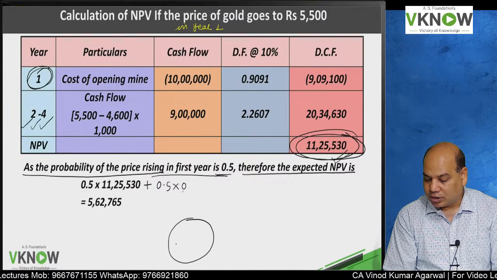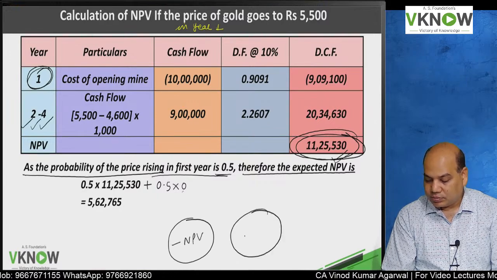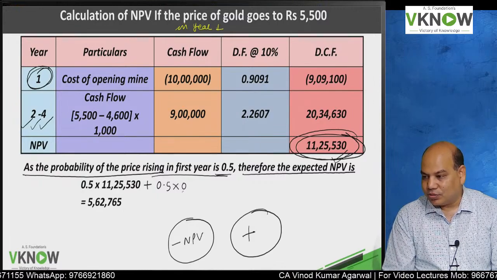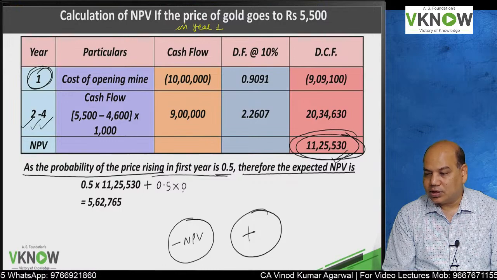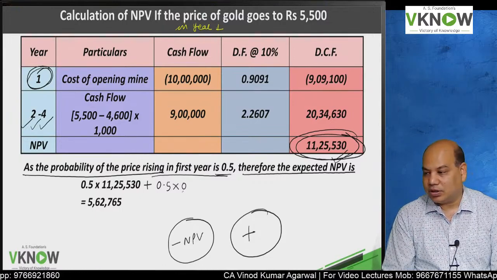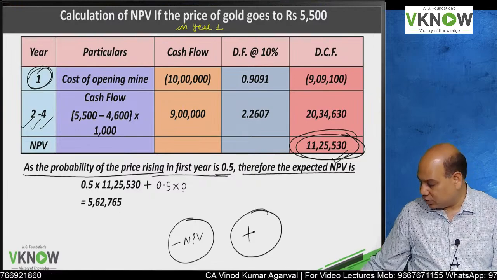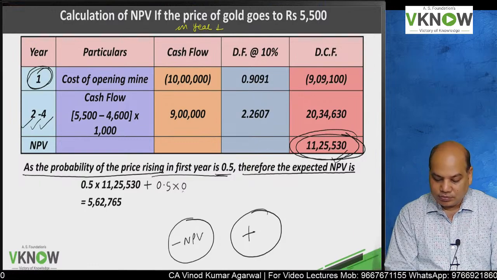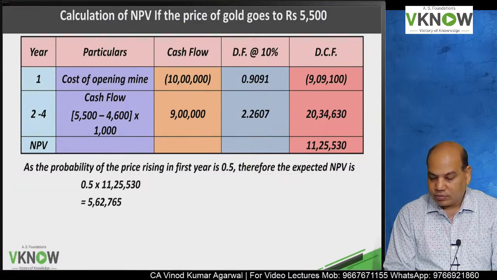If you start the mine now, your NPV is negative. If you wait for a year, expected NPV is positive. What would you do? Would you start the mine now or after 1 year? After 1 year. Wait for 1 year. Very good answer.